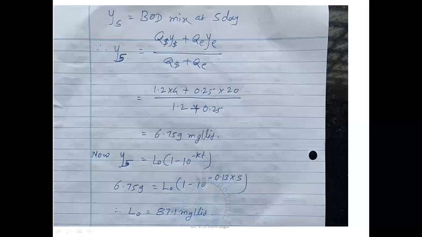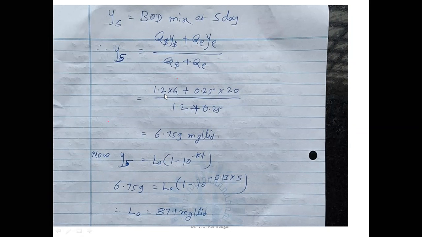QS is the discharge of the stream, QE is the discharge of the effluent, YS is the BOD of the stream, and YE is the BOD of the effluent. Now you can put in the values and determine Y5.